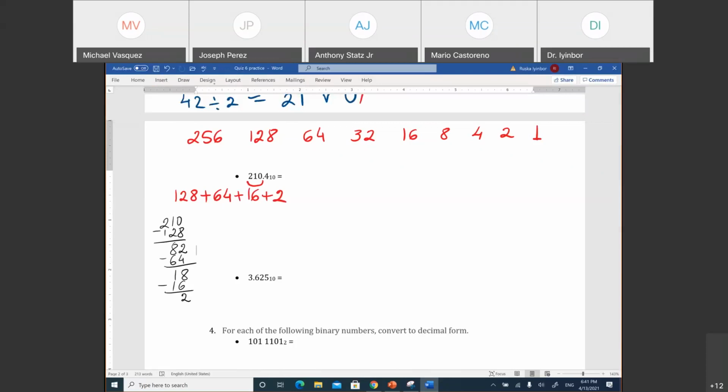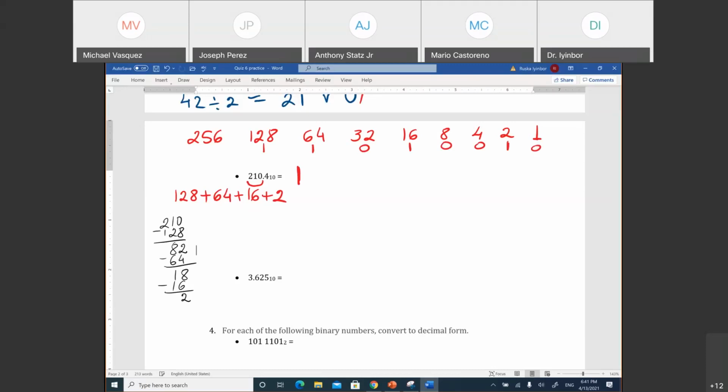Okay? Now, let's see which numbers I'm using so I can put the ones in those places and 0 in the rest of it. So I'm using 128, so I'm having 1. So I start from here, 1. And then 64 I'm using, and 16 and 2. And the rest of it is zeros, right? Okay?